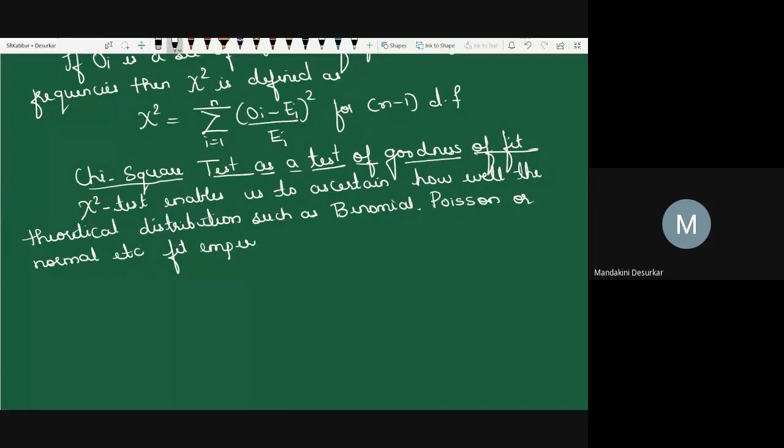The meaning of empirical is nothing but the distribution which is obtained from a sample. Empirical distribution is the distribution obtained from sample data.